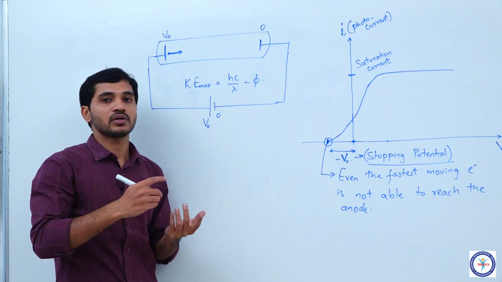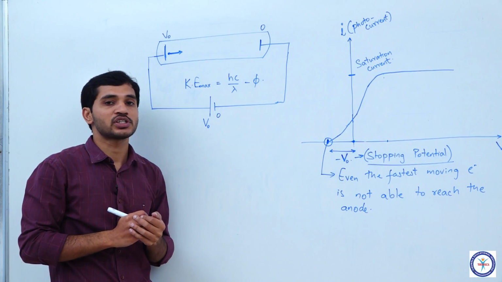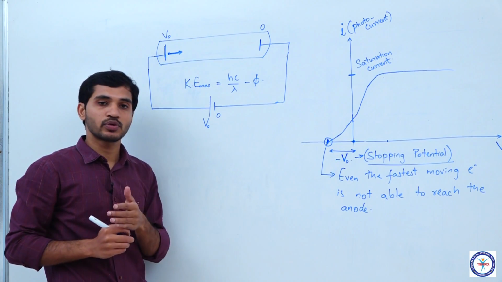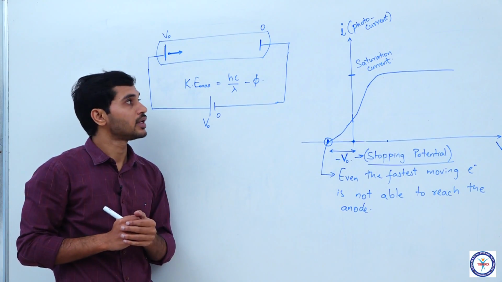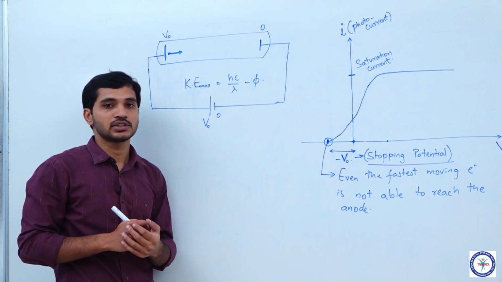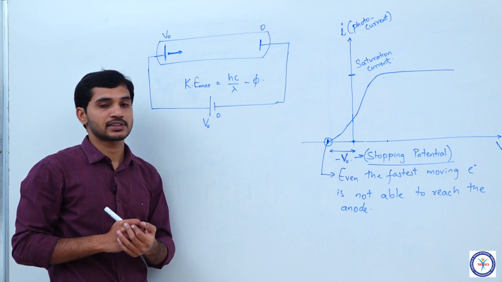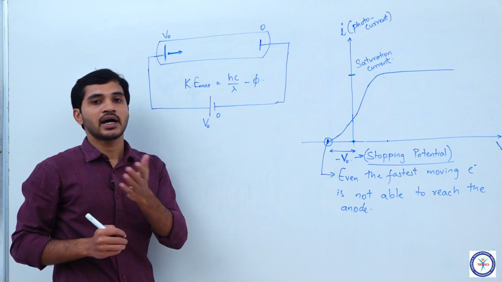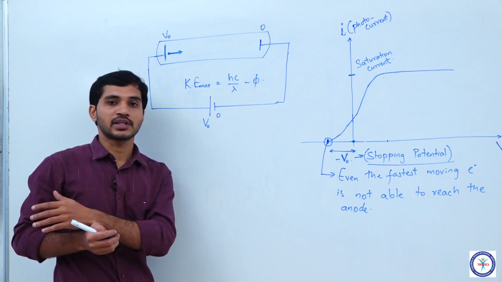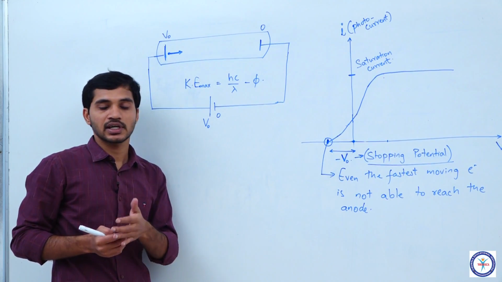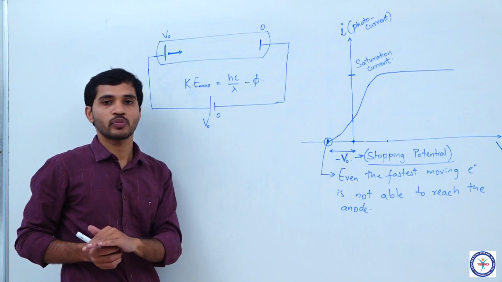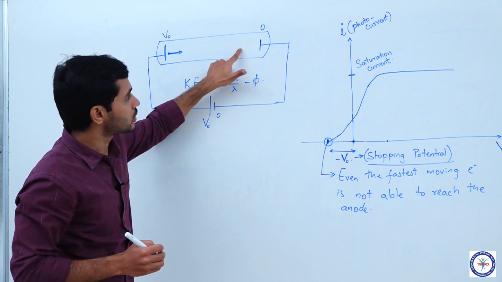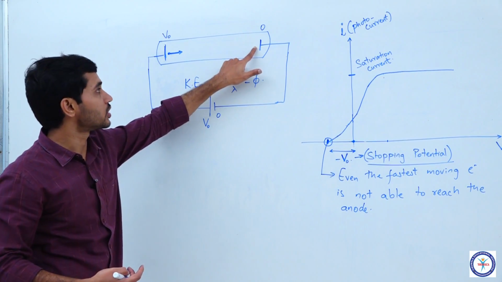I want you to remember the earlier concept of potential energy which we have discussed. Whenever an electron goes from higher potential to lower potential, it gains potential energy. It behaves opposite to that of a positive charge. For a positive charge, higher potential means higher potential energy, but for a negative charge, higher potential means lower potential energy.